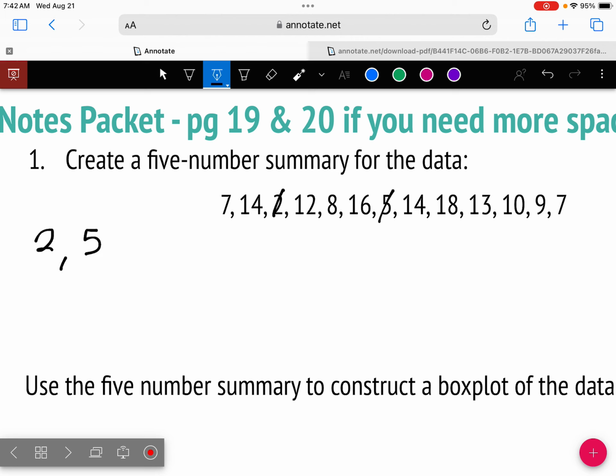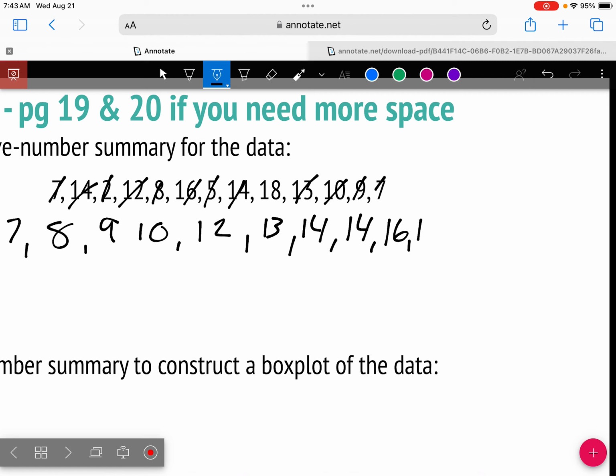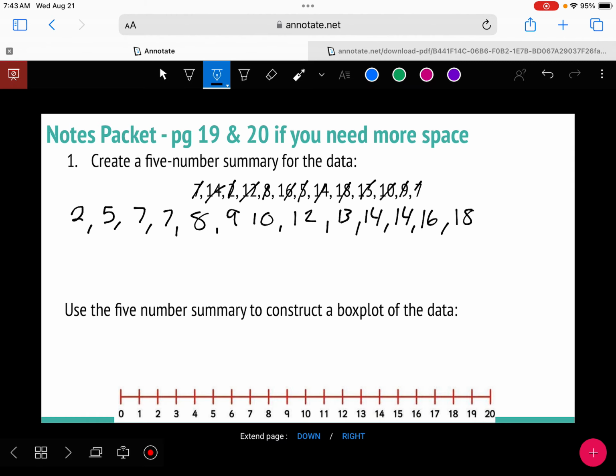Two, and then 5, 7, 8, 9. Okay, it should look like this.